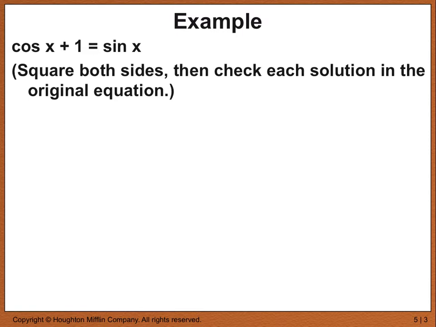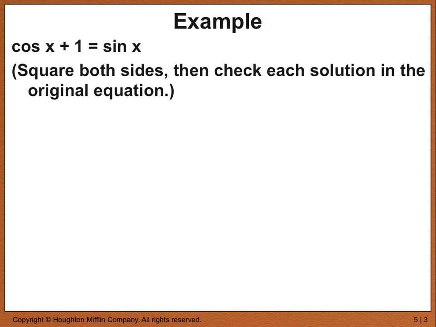The sign differences that squaring introduces can sometimes produce what are called extraneous solutions, that is, angles that seem to be solutions for this equation but actually aren't. The only way to find that out is by testing whatever answer you get in the original equation.